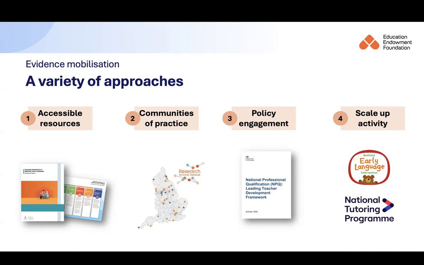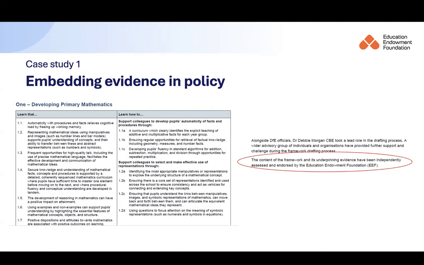And what I'm going to do is draw on two particular case studies and talk about how we've done that, one in a policy setting and one in more of a kind of a community school to school setting. So first I'll talk about the policy engagement work and then I'll talk about the combination of accessible resources and communities of practice.